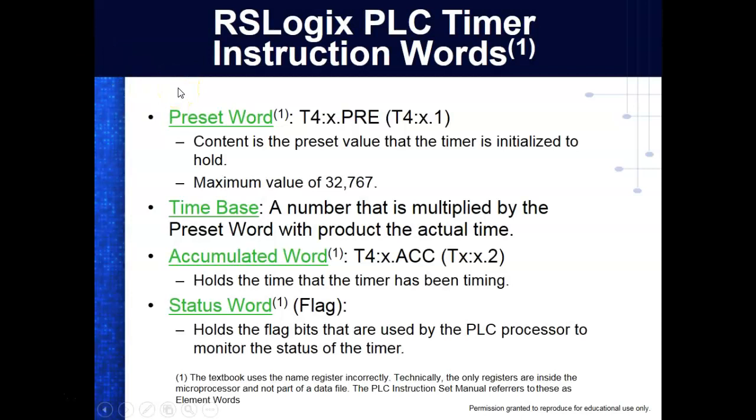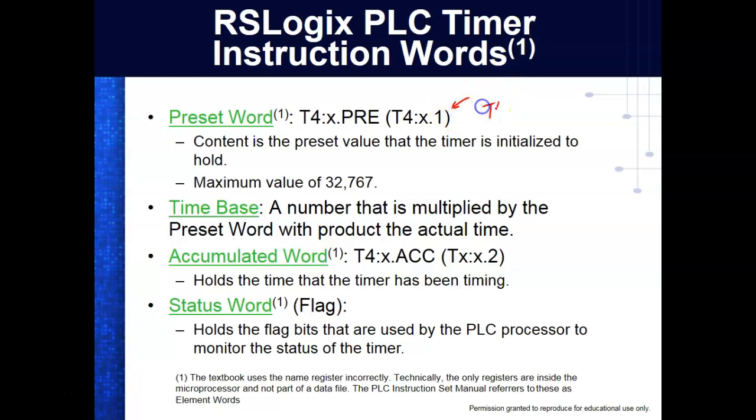So we can address these guys, by the way. What they've done is they've given these registers inside the data file names. So this would actually be the address of it. If I wanted to address the preset register, you could use this guy right here. So how would this go?